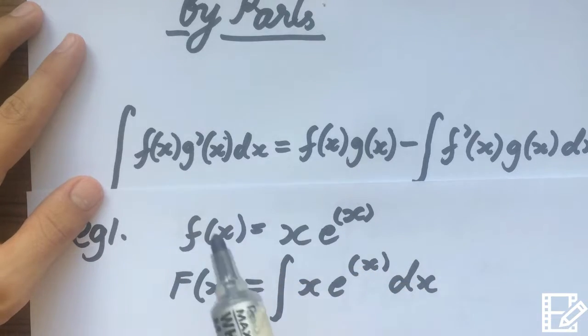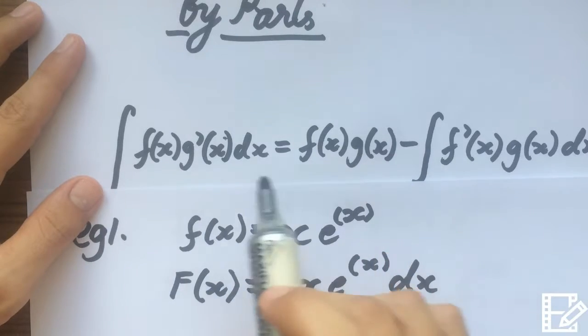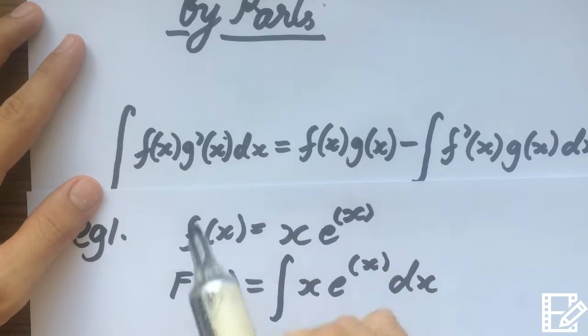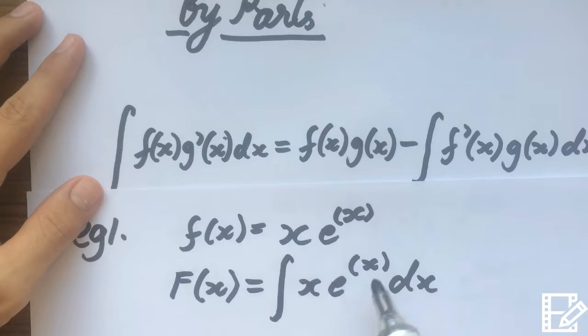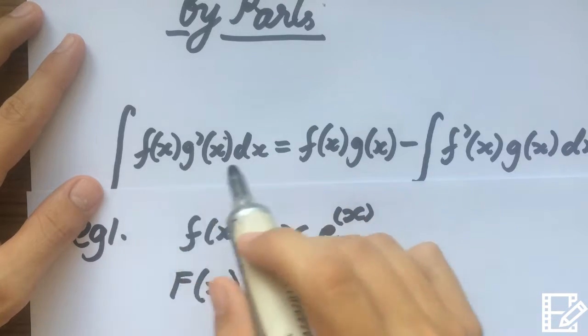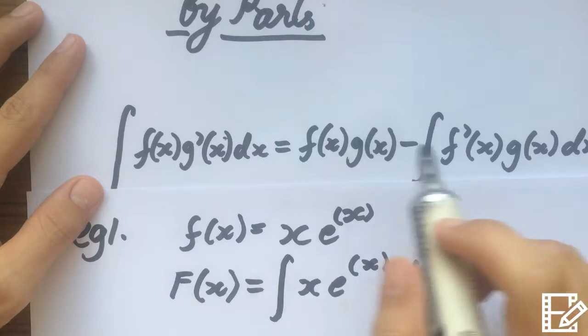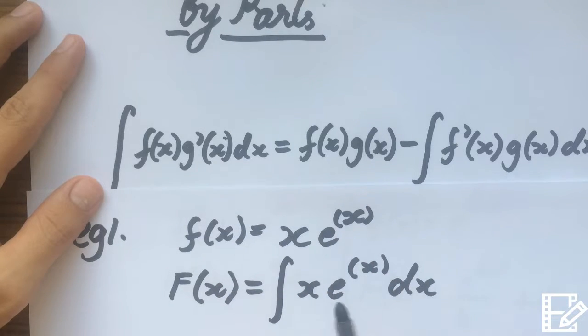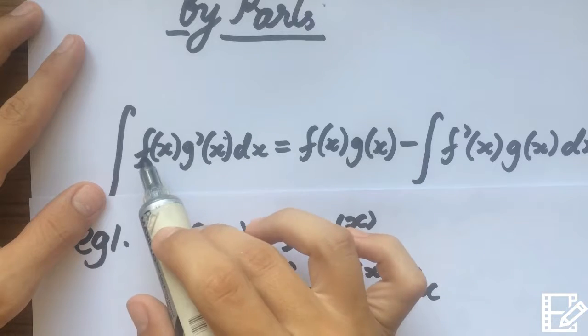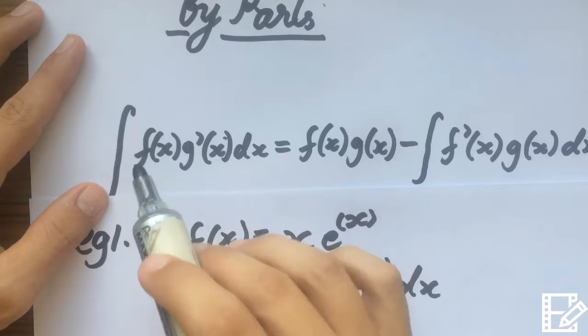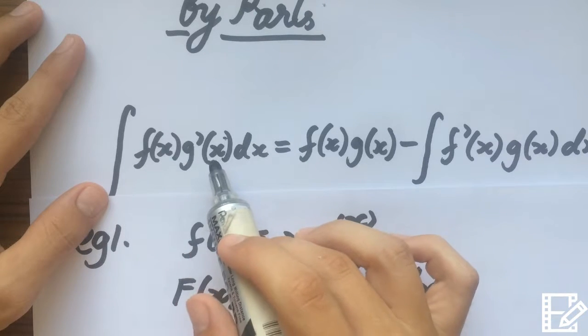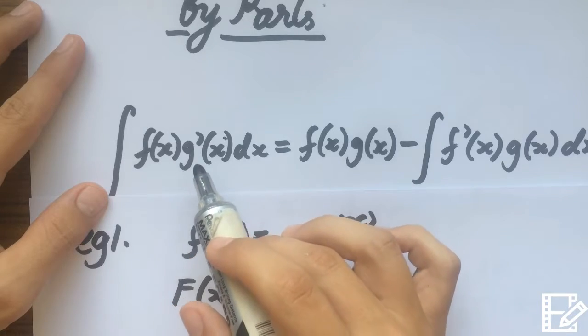But in order to solve this, we need to start with this. So we can assume this is this, and that way we can solve this. Now I'll show you what that means. We need an f(x), which is just the standard function, and we need a g'(x), which is the derivative of a g(x) function.